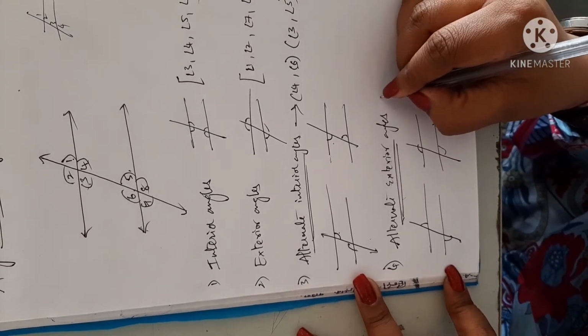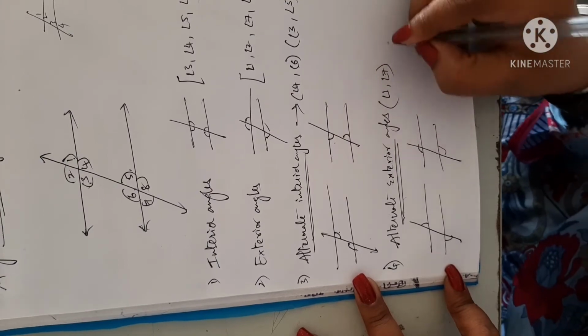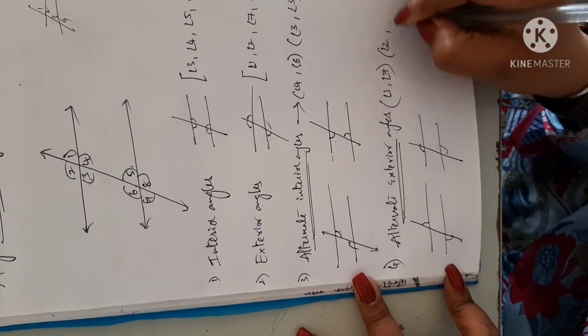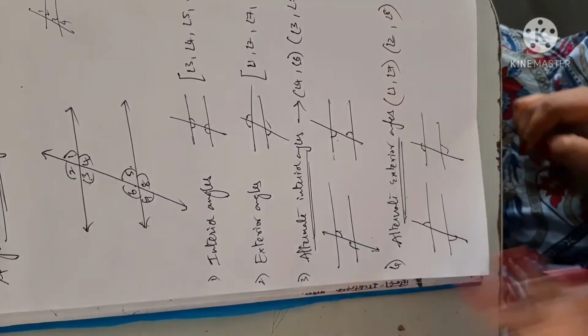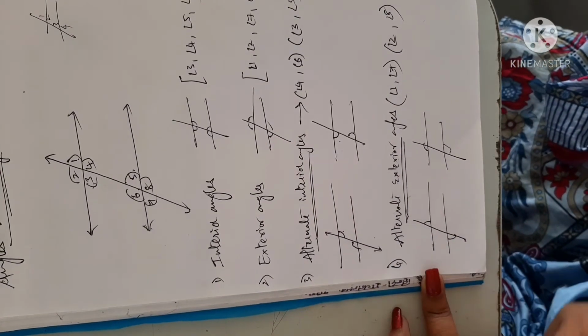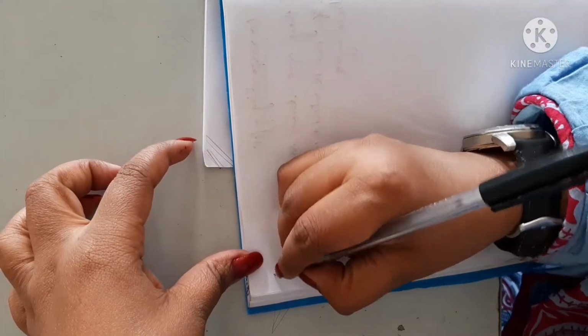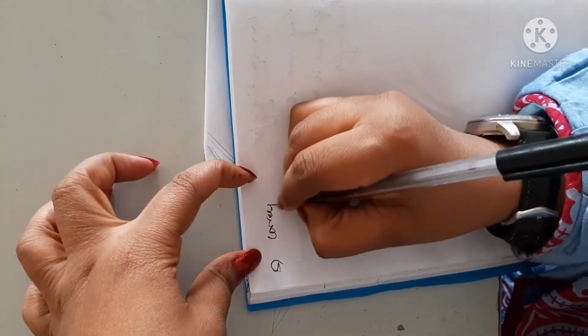So angle 1, angle 7 are one pair, and angle 2, angle 8 are the other pair. These are alternate exterior angles, and these are alternate interior angles. Clear? Now the fifth one is corresponding angles.